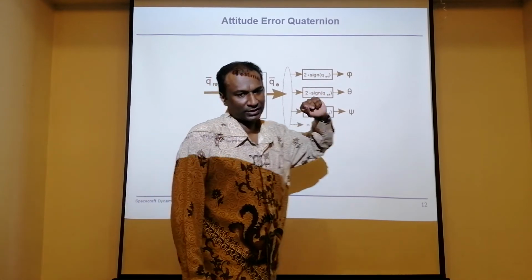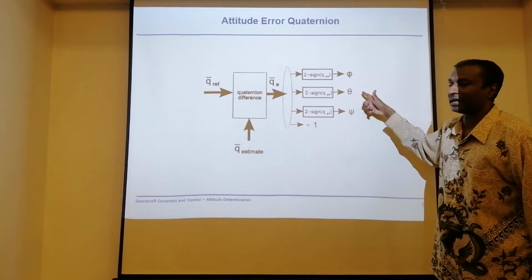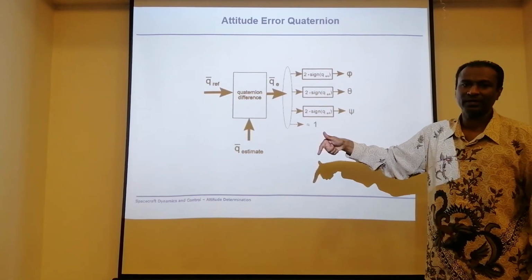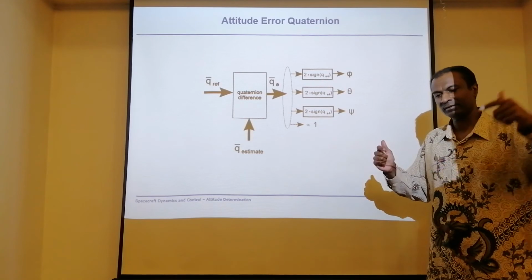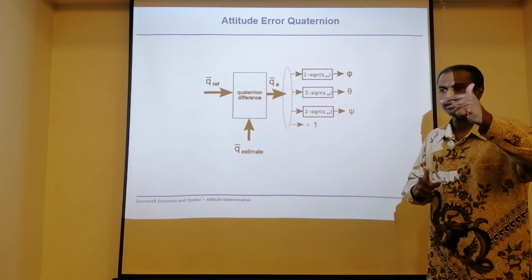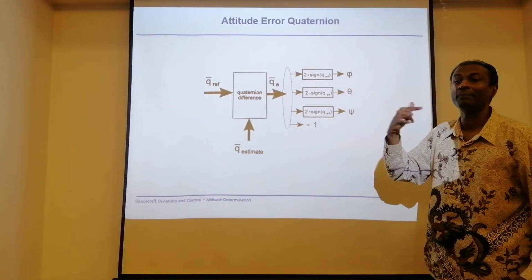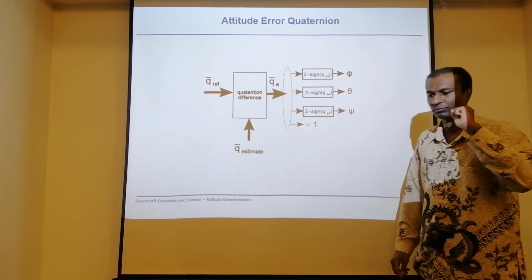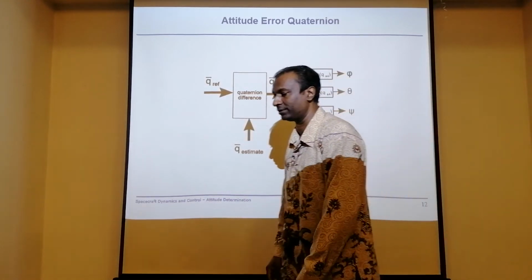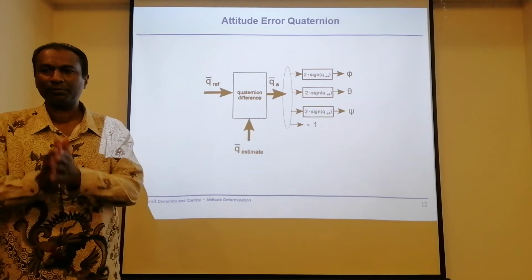And I think we have also discussed this before. We will use this, and this can be directly injected into your attitude control loop. Remember that attitude control loop that we have built, reference and measured. This can be injected into the measured. The reference will always be 0. What is the best attitude that you want to get? What is the roll attitude? I want it to be 0, that means it's perfect.